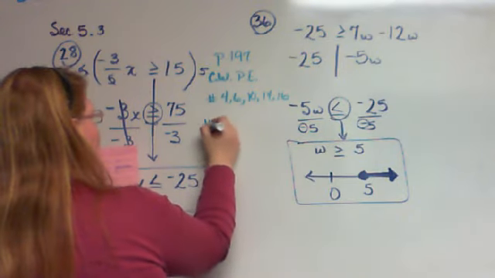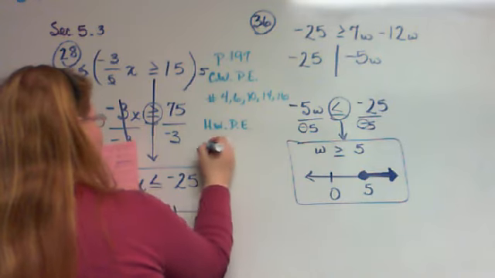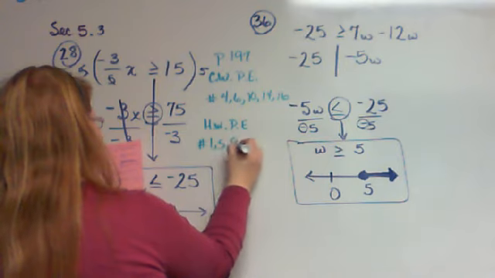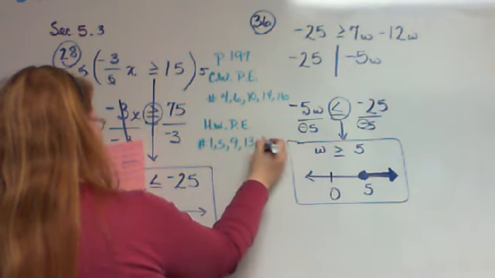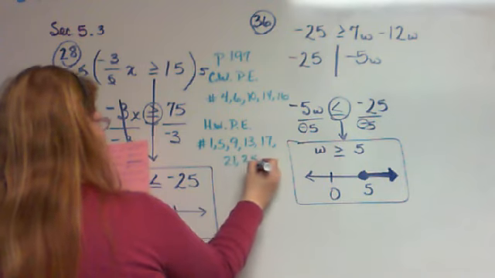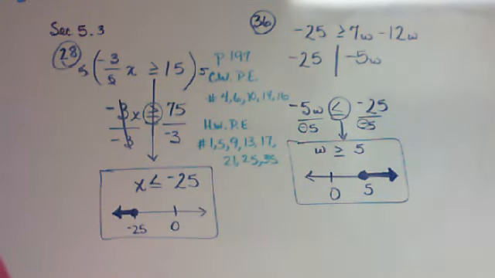Homework, because you cater to me. Practice exercises. Numbers 1, 5, 9, 13, 17, 21, 25, and 35. 8 problems. You can do it. Don't worry about checking the inequality. You check your work when you look in the back of the book.